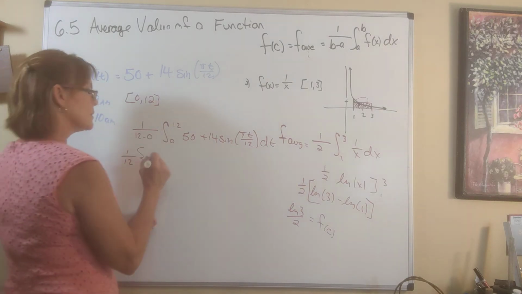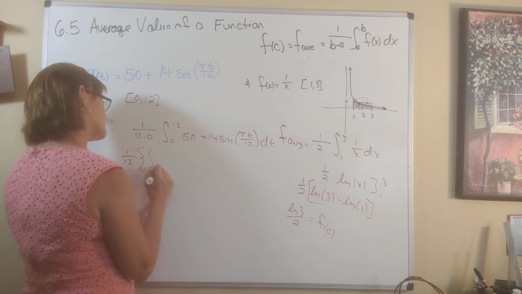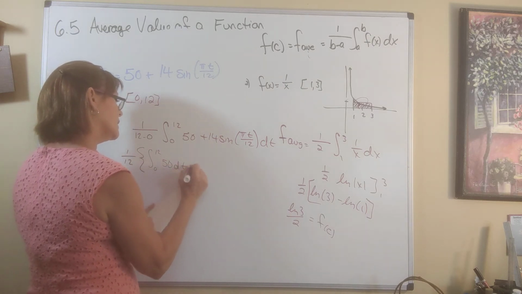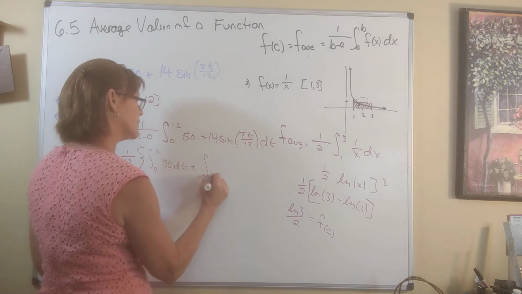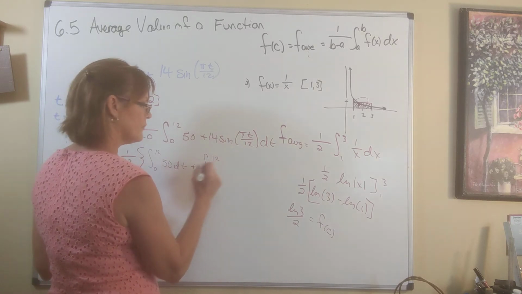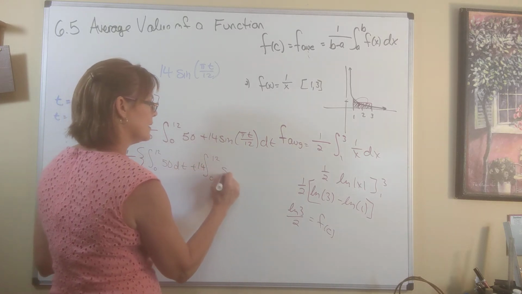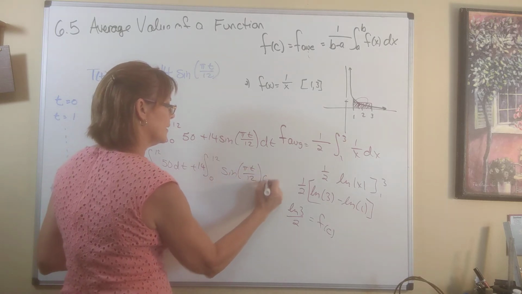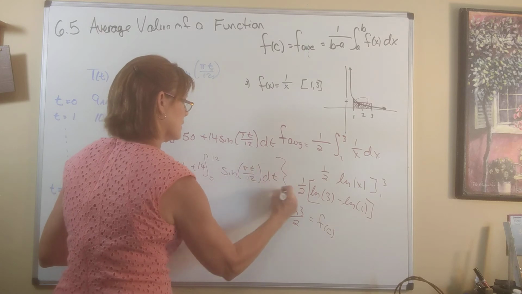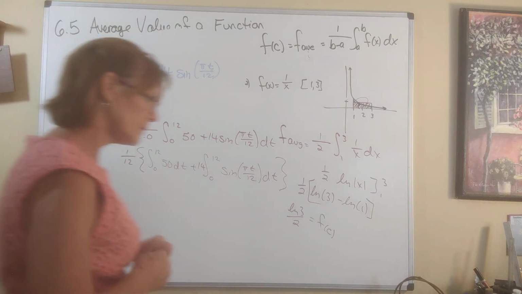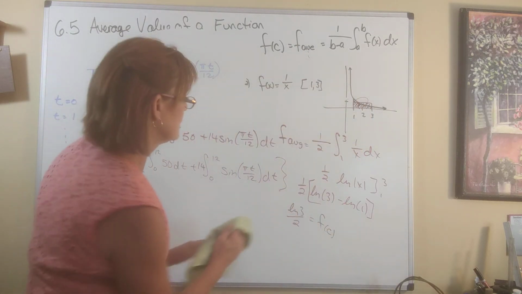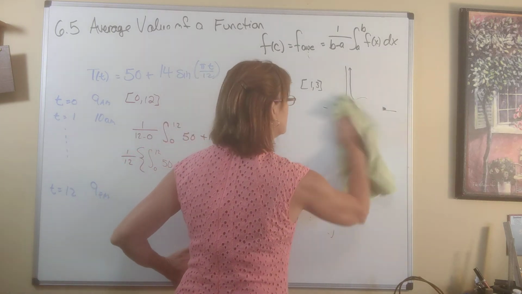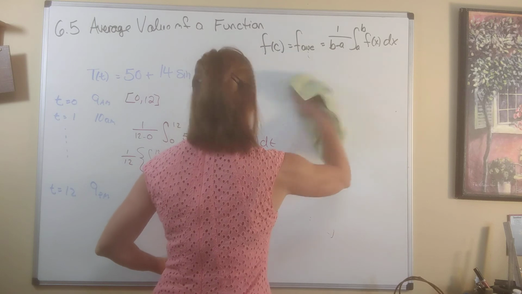So this is going to be the integral from 0 to 12 of 50 dt plus the integral from 0 to 12 of 14, I'm putting the 14 out here, the sine of pi t over 12 dt. All right. Then let me get rid of this other function, which doesn't have anything to do with the one I'm doing now, so I'm not confused about that.